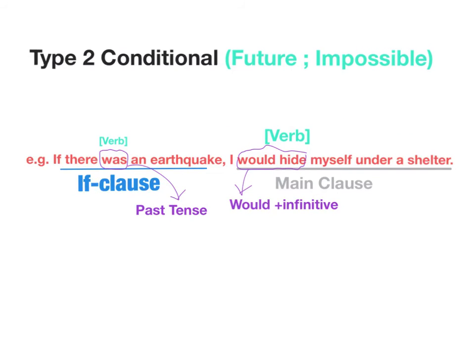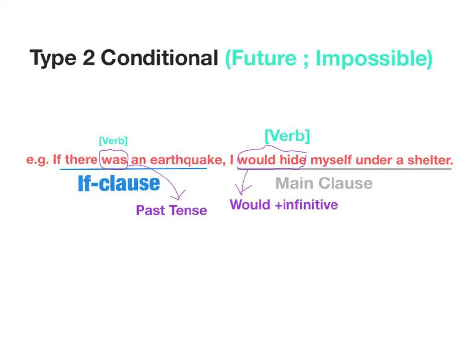For a type 2 conditional sentence, same as type 1, it talks about something that hasn't happened yet in the future, but it's different from type 1 because it's not likely to happen, it's impossible to happen. For example, take a look at this example. If there was an earthquake, I would hide myself under a shelter.